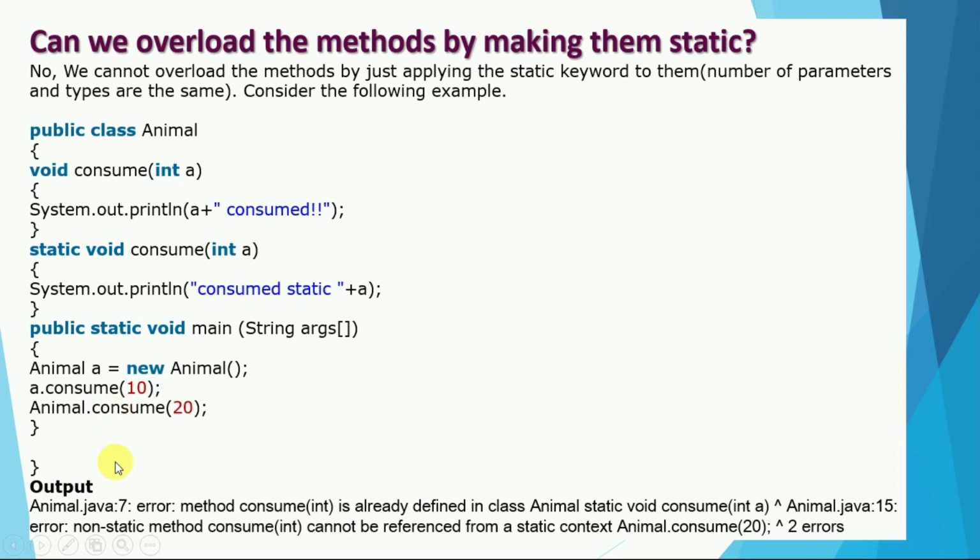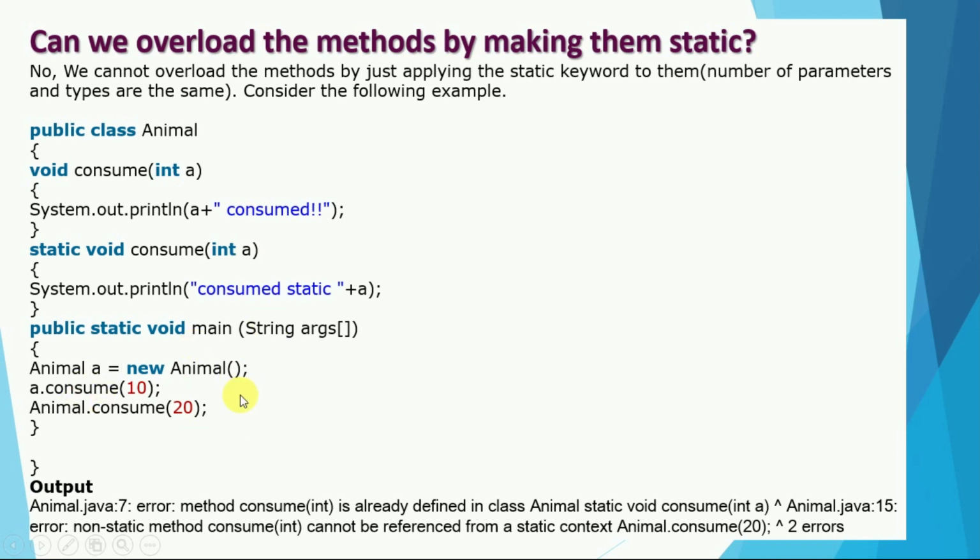So the output is that it will throw an error: method consume(int) is already defined in class Animal, static void consume. Non-static method consume(int) cannot be referenced from a static context.